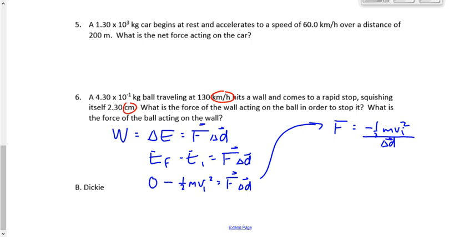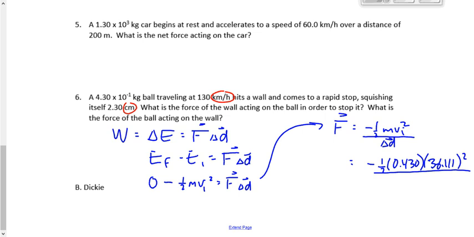So when I sub in my numbers, it becomes negative 1/2 of 0.430 times VI squared. What's 130 in meters per second? 130 times 1,000 divided by 3,600 gives me 36.11. Divided by the displacement. How far does this ball move?